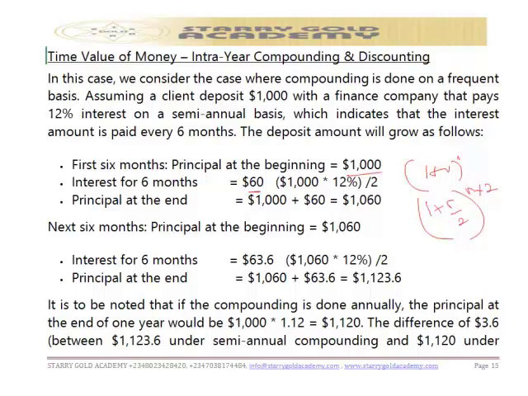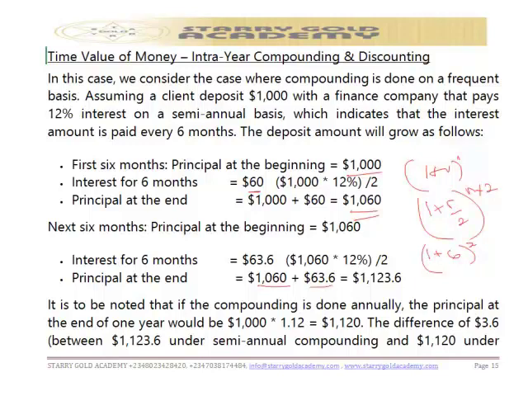If you use this model, 1 plus half of 12%, which is 6%, raised to power 2. Whatever you get for the first year will be 60 naira, and for the second, it will be 6% of 1,060 naira, which is 63.6 naira.